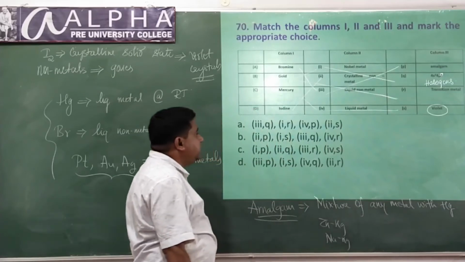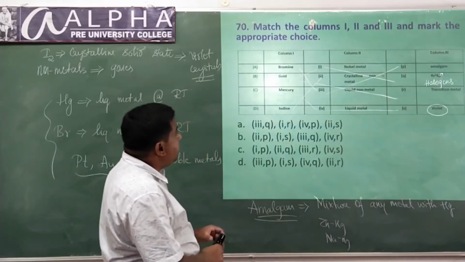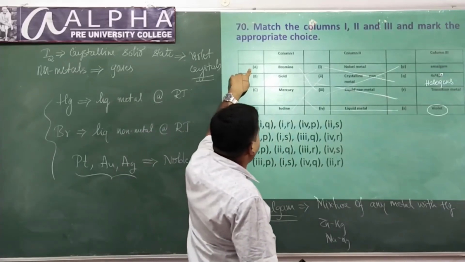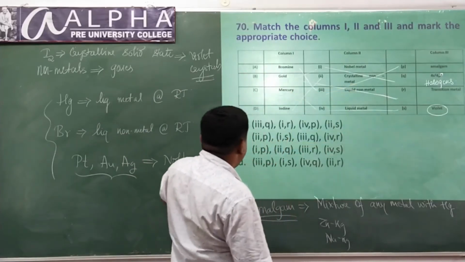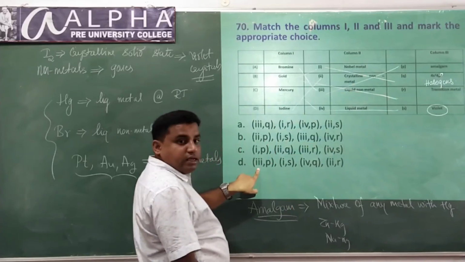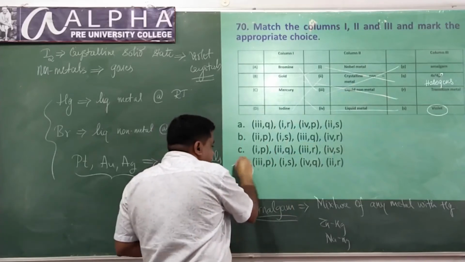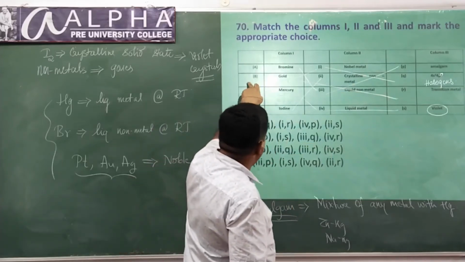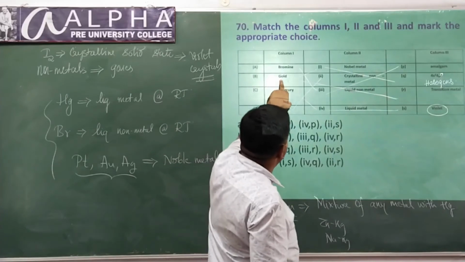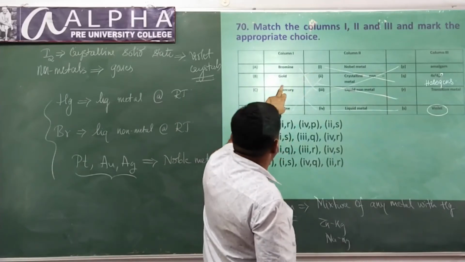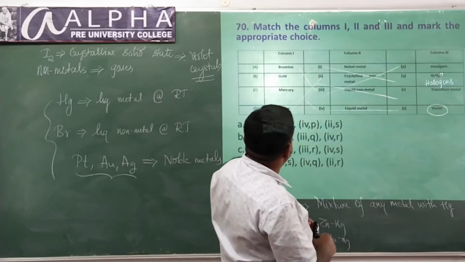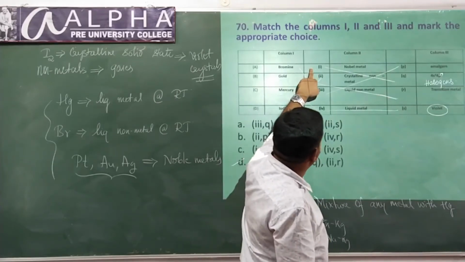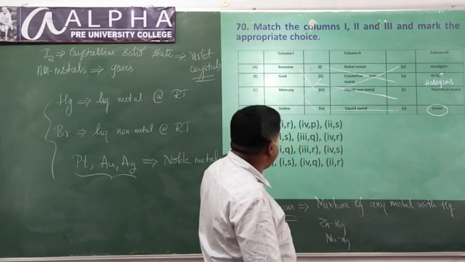So just think of it. If you go for A, A is matched to 3 and 3 is matched to P. Correct, so we are getting this option. Just check out gold, B. Gold is matched to 1 and 1 is matched to R, it's a transition metal.